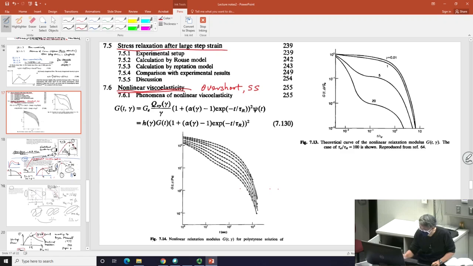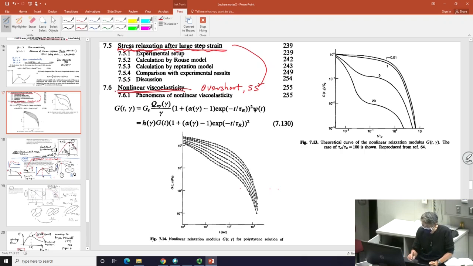In fact, in our language, this will be all part of nonlinear viscoelasticity. But actually, it treated this stress after large step strain, actually large step shear, separately, because it was supposed to be a triumph. It was supposed to be an example where some very explicit comparison with data was made.